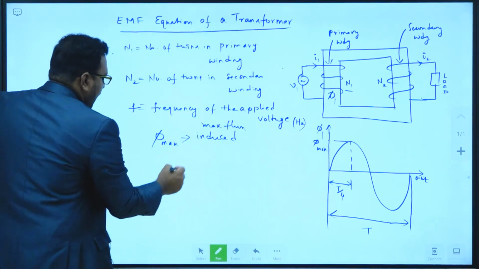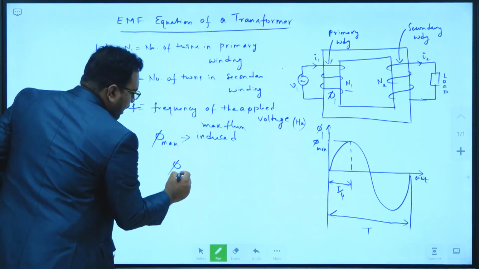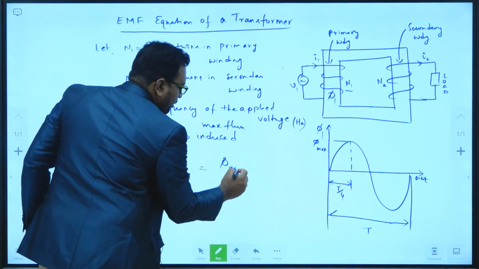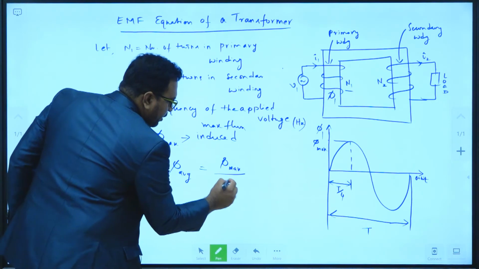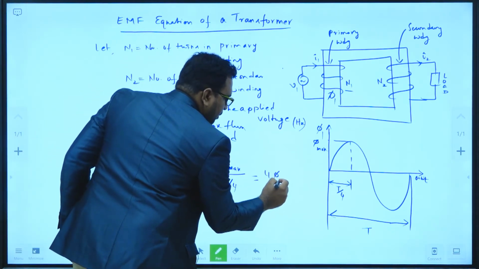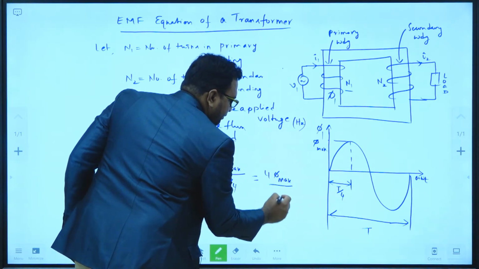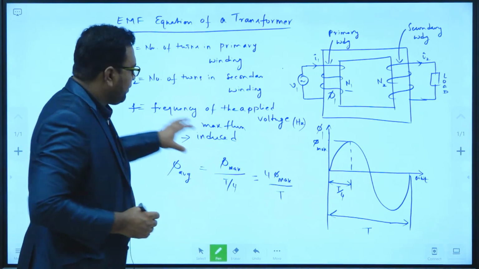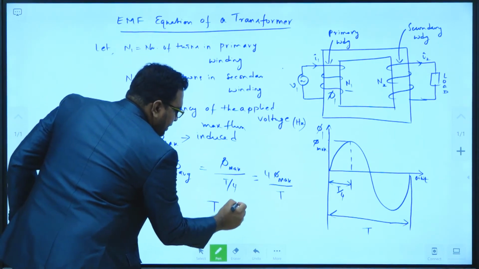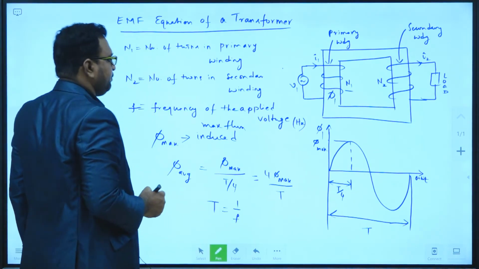Therefore, the average value of the flux is going to be obtained in T by 4 seconds. So we can call this 4 into phi max by T. And how are frequency and time period related? They are inversely related. Time period is nothing but 1 by f.